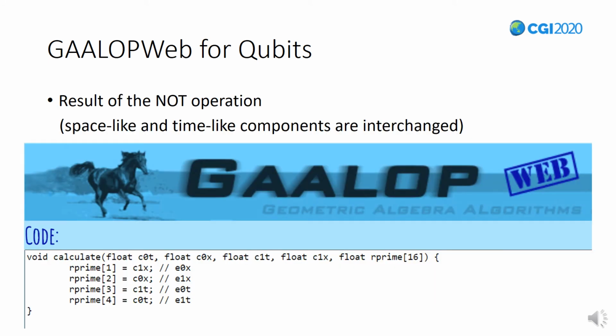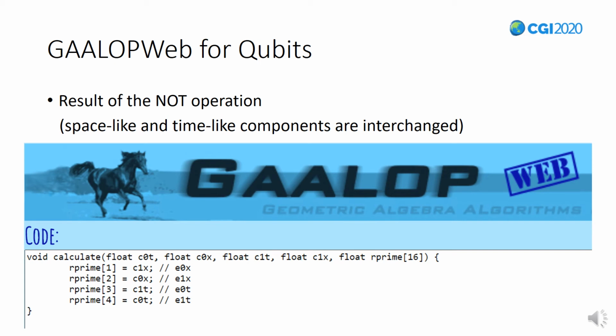Okay, and this screen now shows the C code for the NOT operation, and in principle it computes as a C function the multivector R prime.